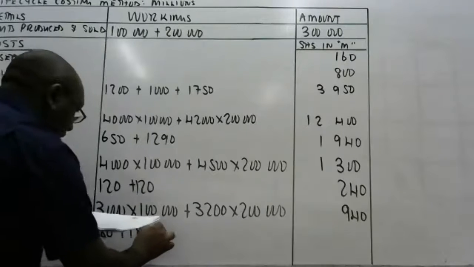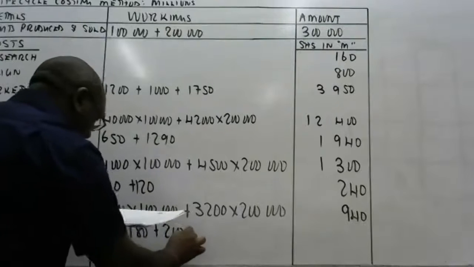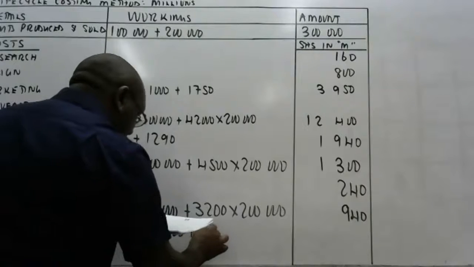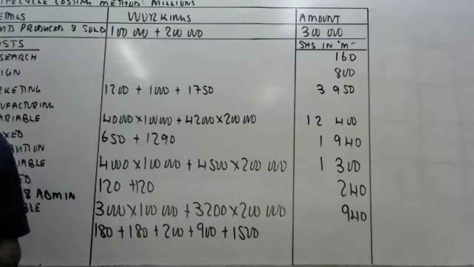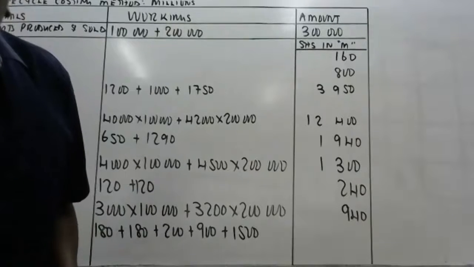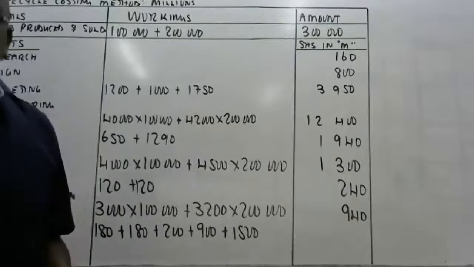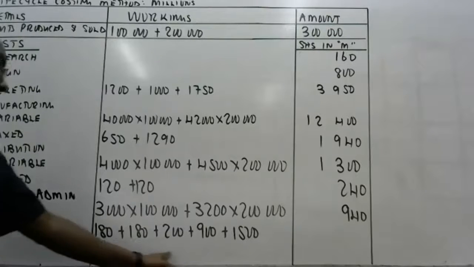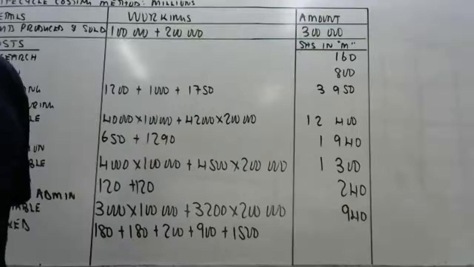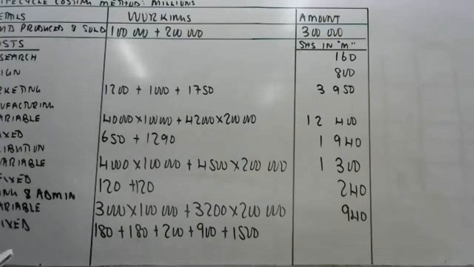Then I bring the admin 200 plus 900 plus 1,500. Let us put them that way. Now that I forgot to include the admin, we can combine them, selling and administration. Add all of them and give me the answer.